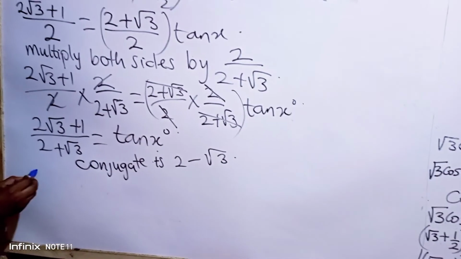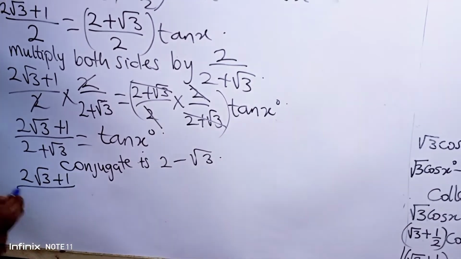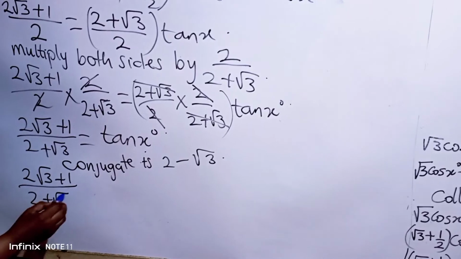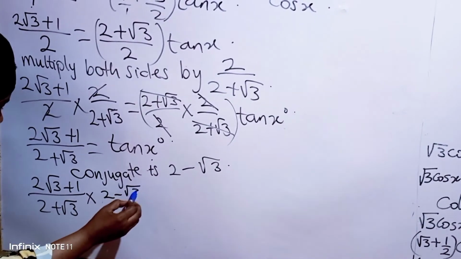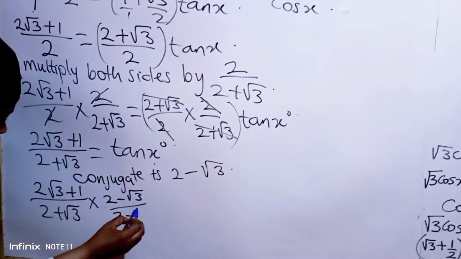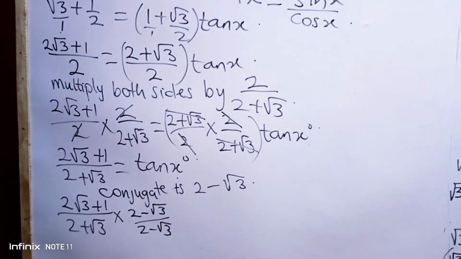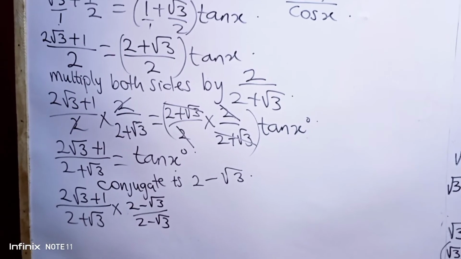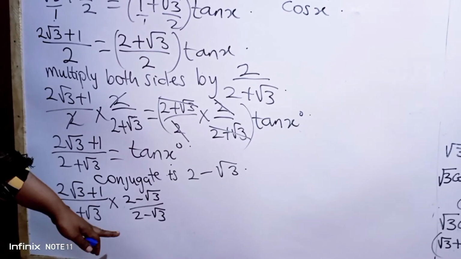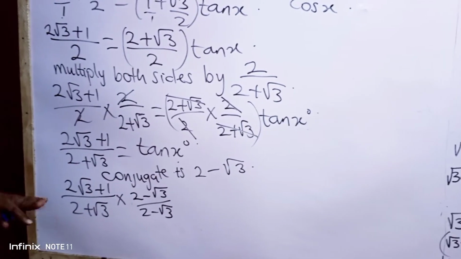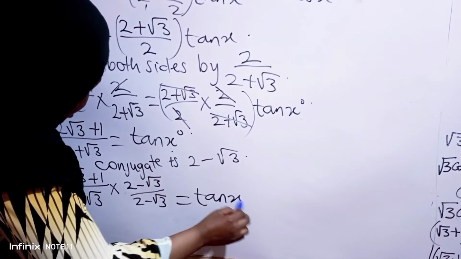So to rationalize it, I have (2√3 + 1) divided by (2 + √3), then multiply by (2 - √3)/(2 - √3). If I multiply it this way, it's as if I'm not multiplying it. I'm just multiplying by 1, because if you divide them by each other, it will give us 1. So then is equal to tan x.